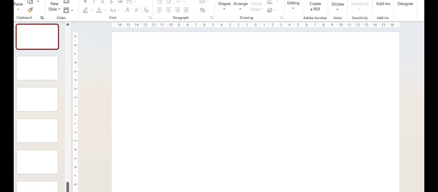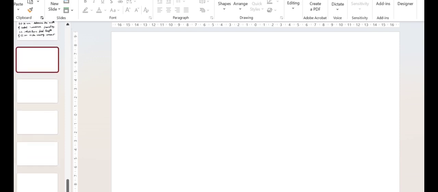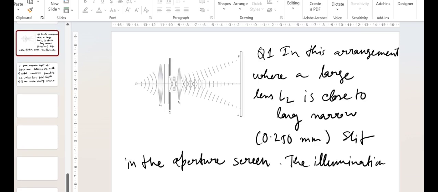So here the width of the principal maxima is, so here we need to draw a line from the center of L2 from the central axis at an angle theta out to the point on sigma.